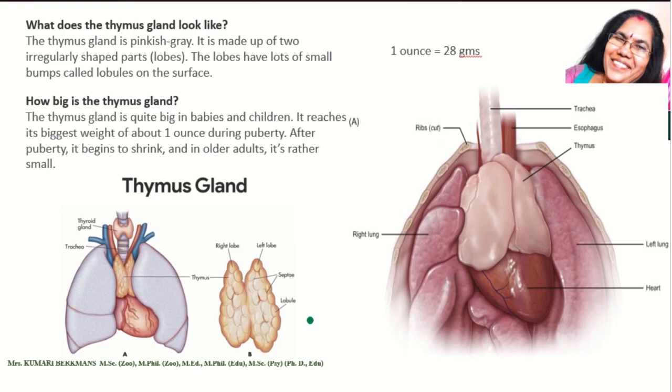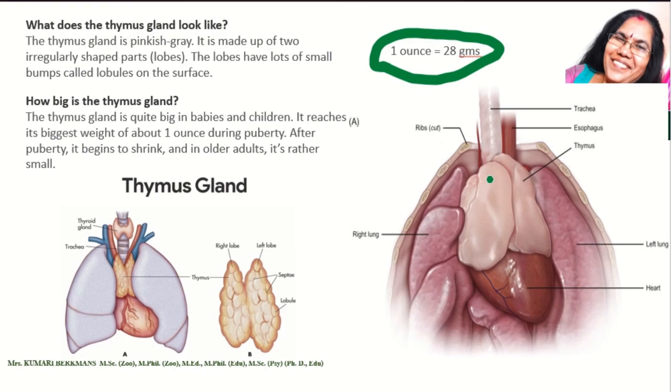And how big is the thymus gland? It is 28 grams. The weight is 28 grams or 1 ounce. The thymus gland grows until puberty and gets its maximum size when you attain puberty.